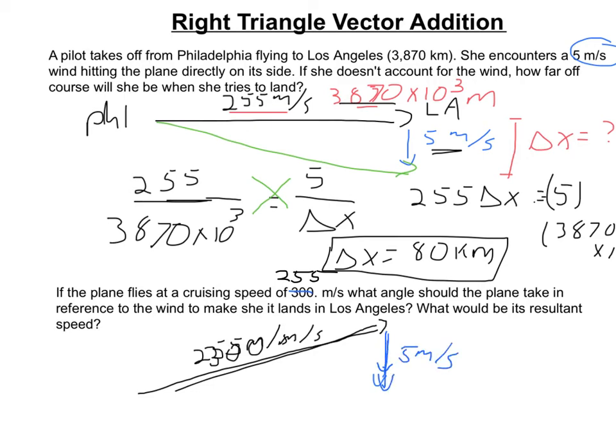So we had to turn slightly into the wind now to be able to go along a side directly from Philadelphia to LA. Notice now in the triangle, whenever I turned into the wind, the speed of the plane, 255 meters per second, became the hypotenuse of the triangle, and our resultant vector, or what we'd be looking for if we were calculating speed here, is now the base.